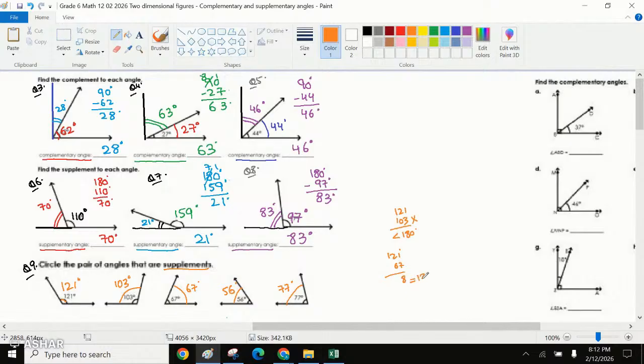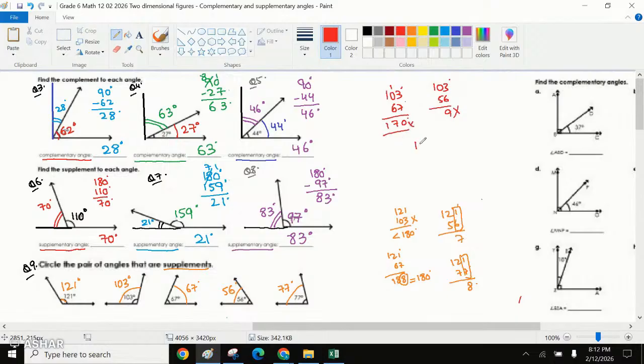It cannot be 180 because we have to have a 0 at the end, right? 121 and 56 together end in 7, so we cannot take this. 121 and 77 still end in 8, so it would not equal 180. 103 with 67 is 170, so we cannot take that. 103 and 56 end at 9, not possible.